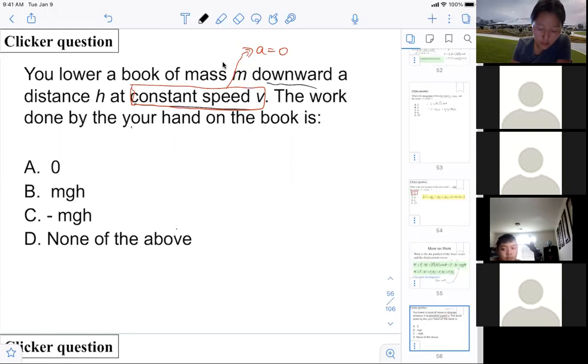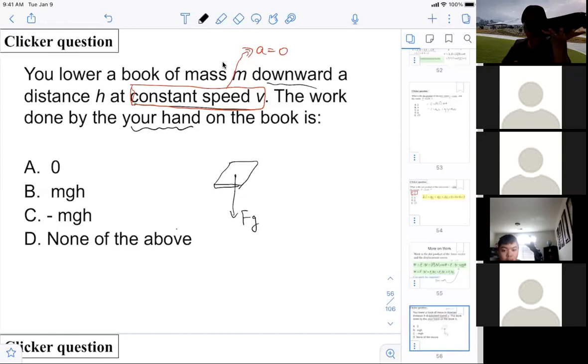So by your hand. There's this book, so there are 2 forces that you said. One is gravity, always down. And if you're holding the book and you lower it, you must be supporting the book and going down like this, right? So if I lower it like that, the force from your hand will be pointing up.